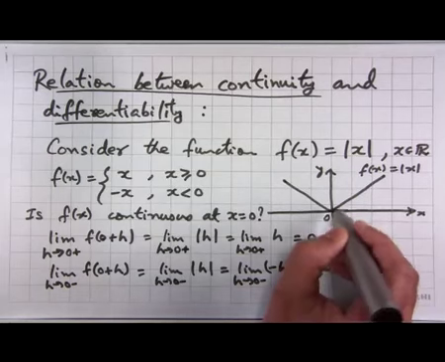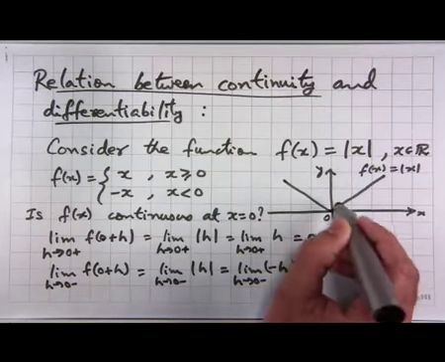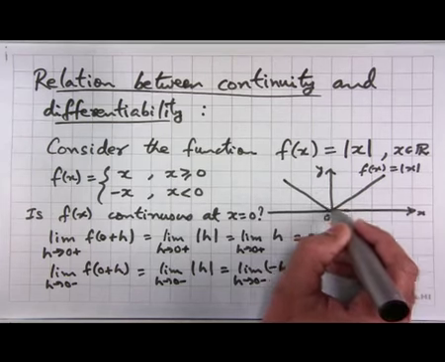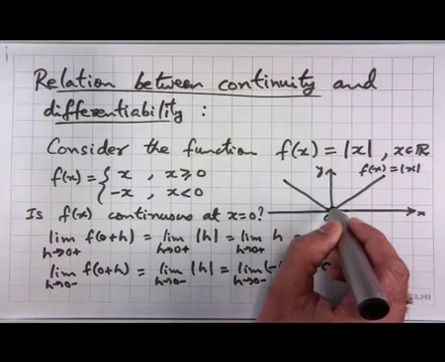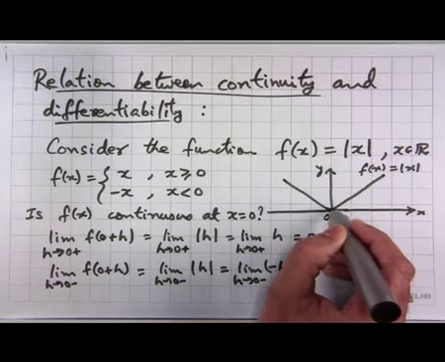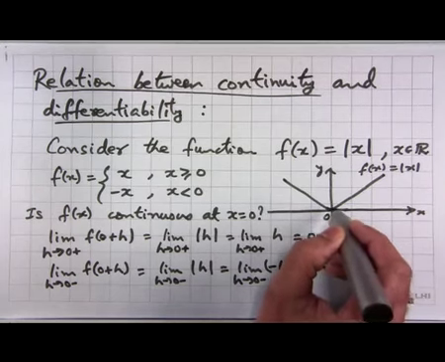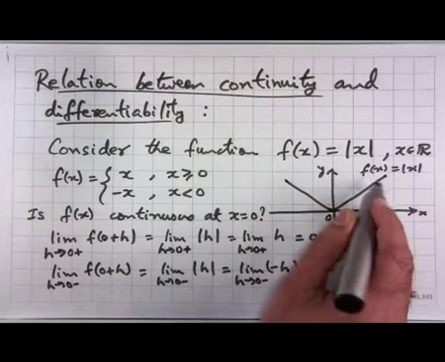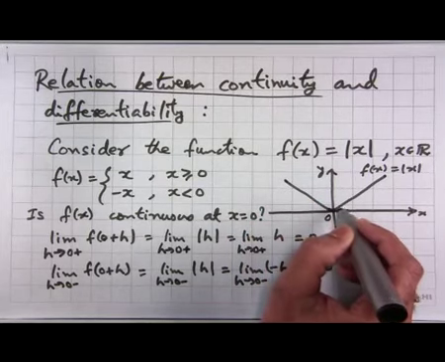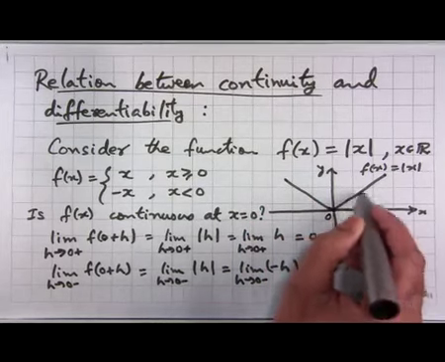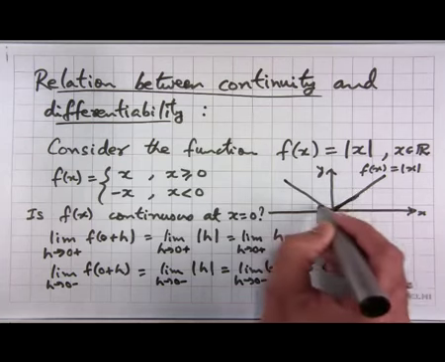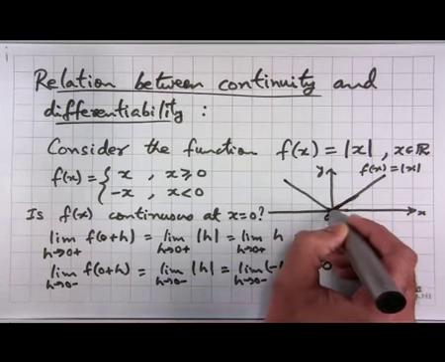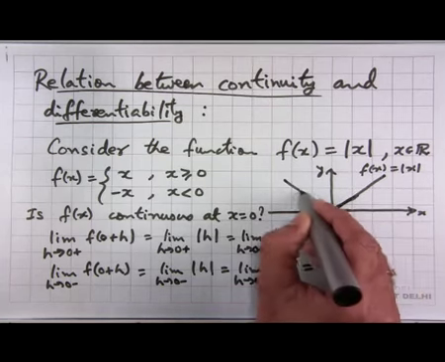So, we have seen the geometric interpretation that the derivative, if it exists, is equal to the slope of the tangent line at that point. Now, if you look at the graph of this function, there is no unique tangent line, because for any positive x you see this tangent line, but if x is any negative, then we have this line.